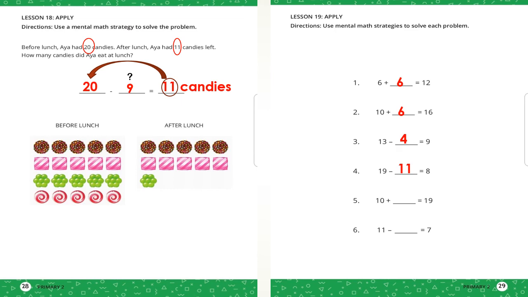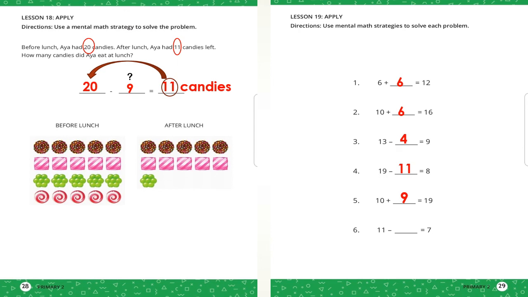The next one. 10 plus what equals 19? We can solve it by the making 10 strategy. If we add 10 plus 9 equals 19. We can also find it by counting from small to big.